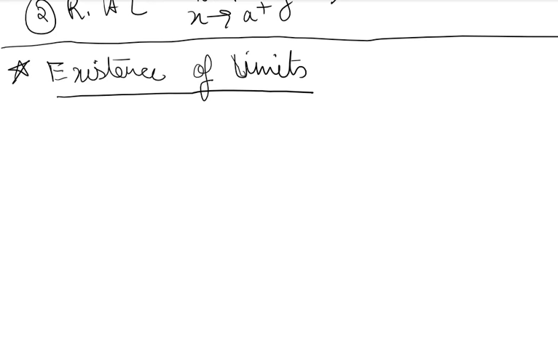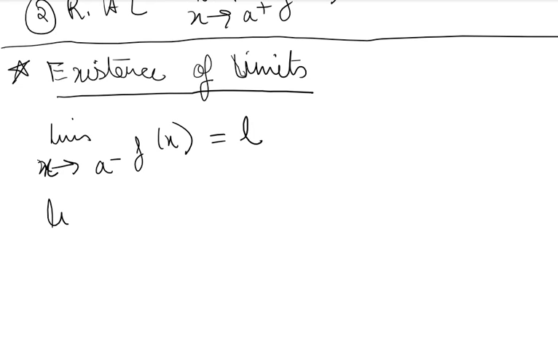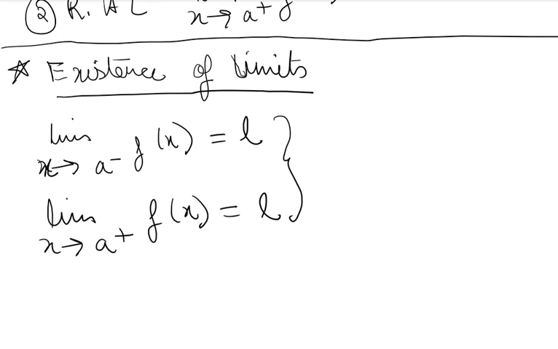Suppose we have the limit as x tends to a minus of f of x is equal to L, and the limit as x tends to a plus of f of x is also equal to L. So you will notice that both of them are equal, right?